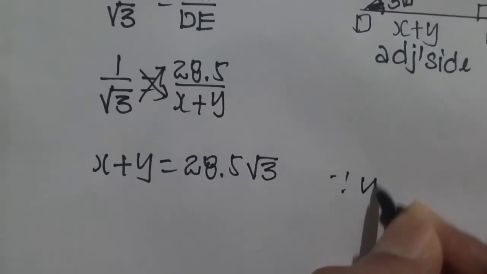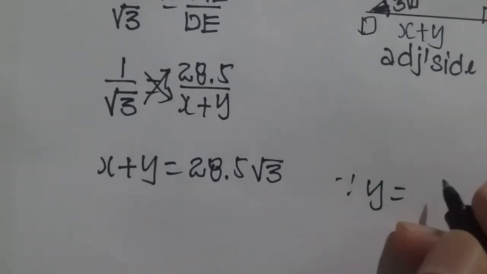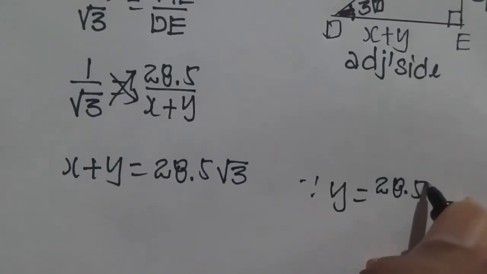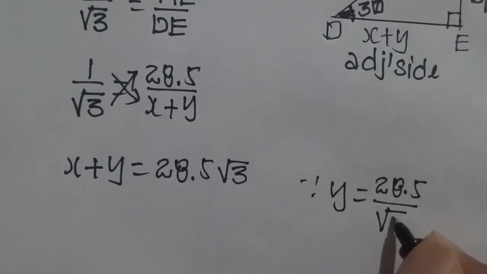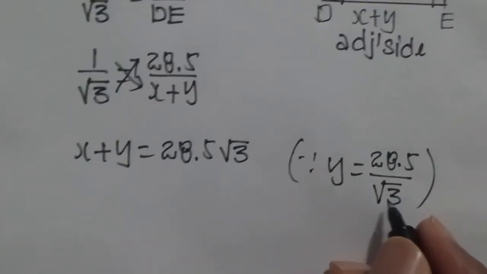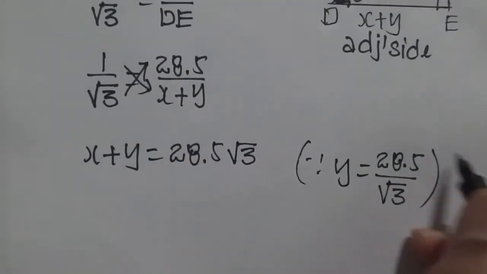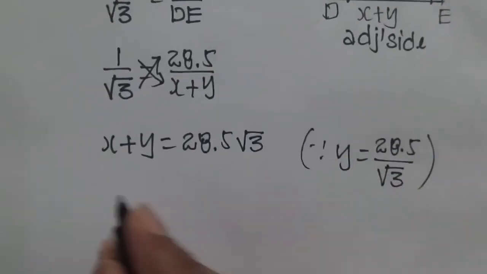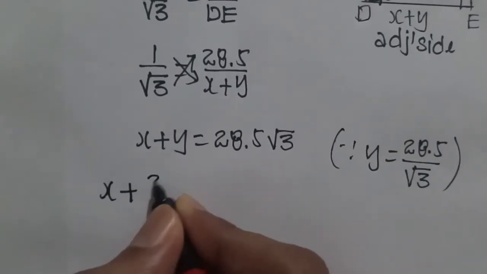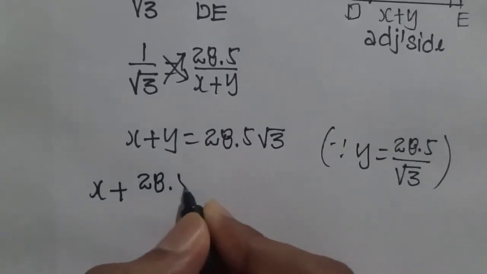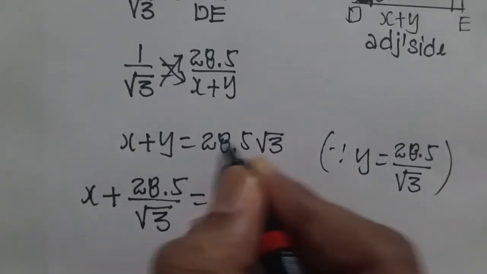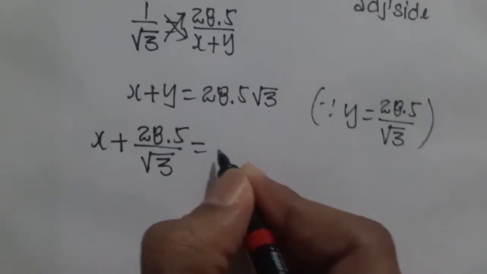Since Y is equal to 28.5 by root 3, this we proved above from equation 1. In the place of Y, I will write this 28.5 by root 3. X plus 28.5 by root 3 is equal to 28.5 root 3 as it is.